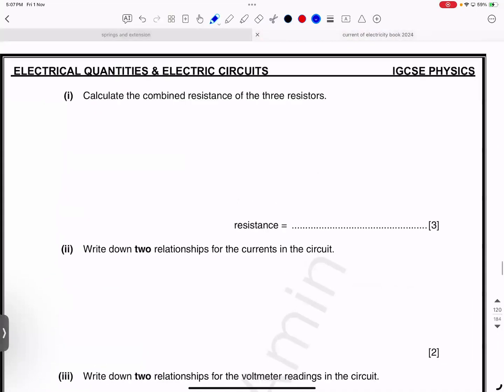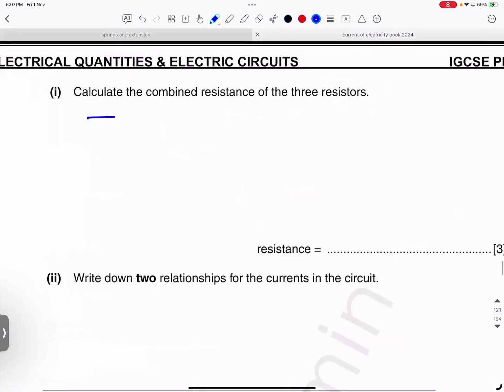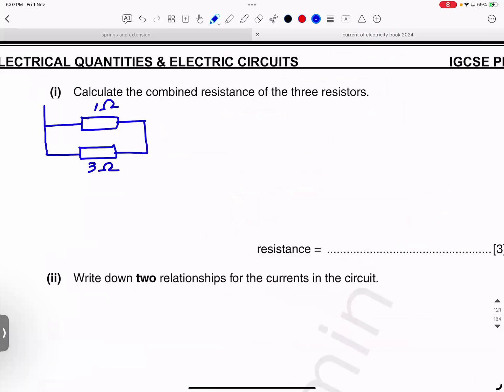Calculate the combined resistance of three resistors: 1 ohm, 3 ohms, 2 ohms. First you do parallel.